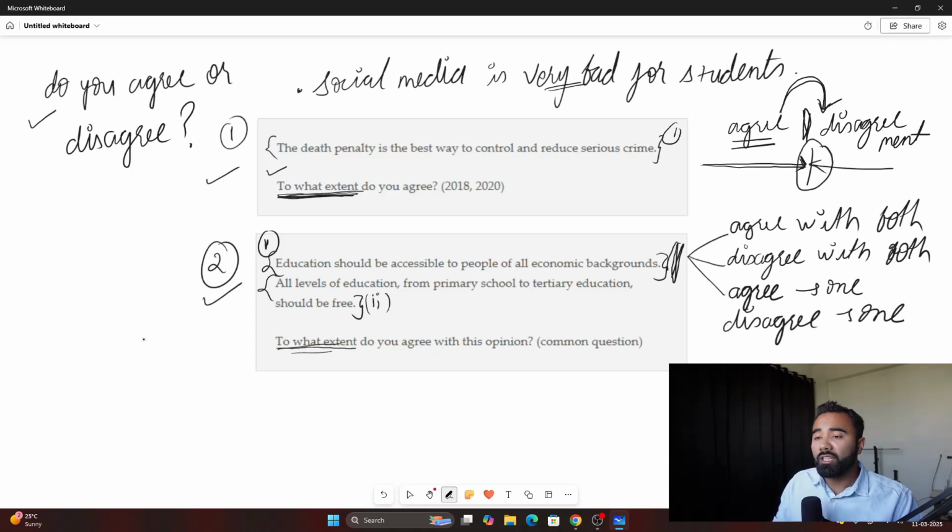So in this question, how will you figure out your point of transition from agreement to disagreement? Here you will have to figure out that transition on your own. Keep in mind, when you're writing your essay, they do not expect you to write an expert level PhD thesis kind of an essay.